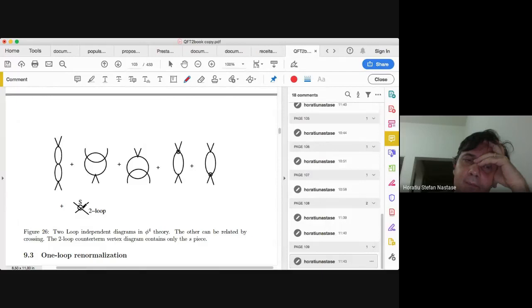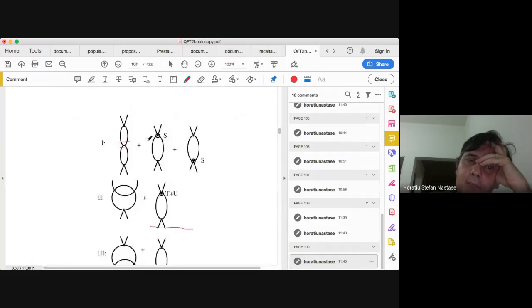And this came from only the S channels, but then I have to use also the crossing to get the T channels and the U channels, but that's fine.